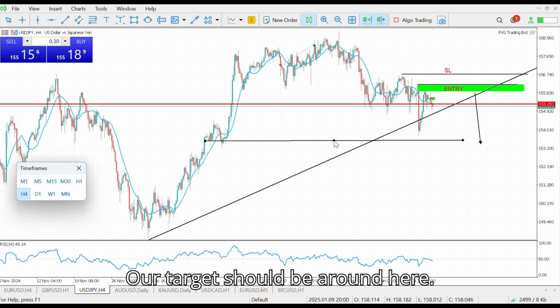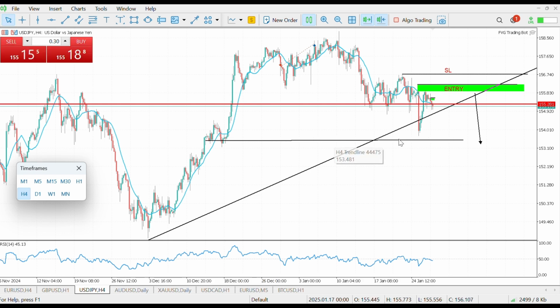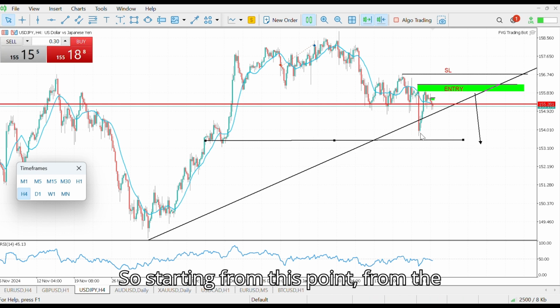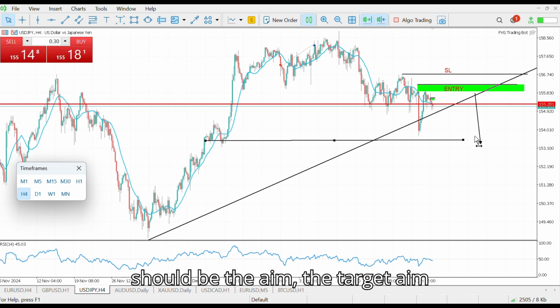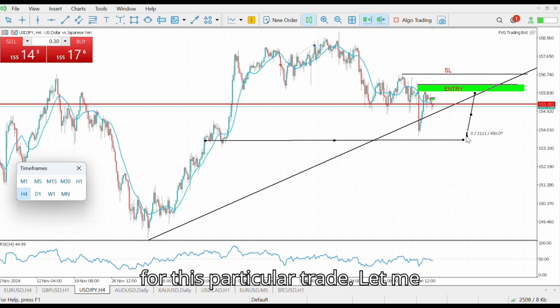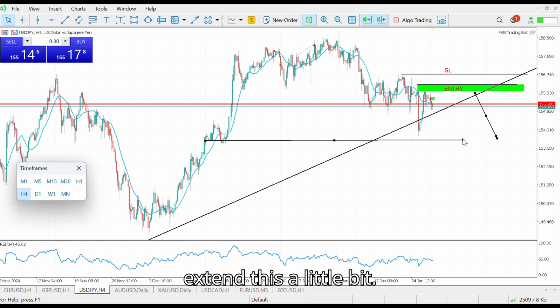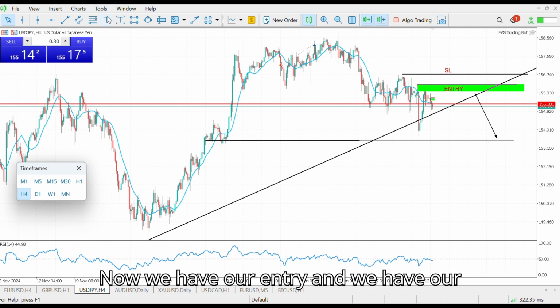Our target should be around here. So starting from the previous low to this point should be the target aim for this particular trade. Let me extend this a little bit. Now we have our entry and we have our target.